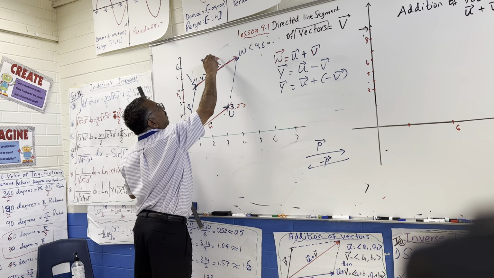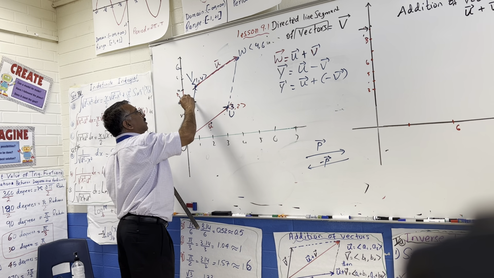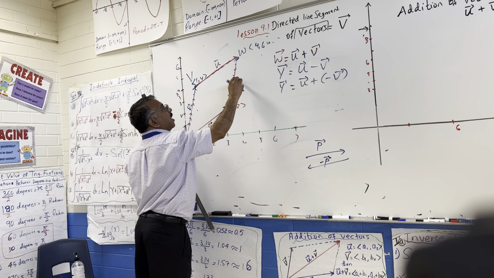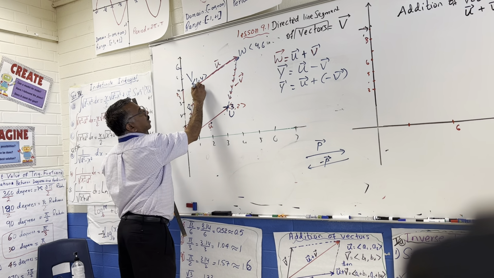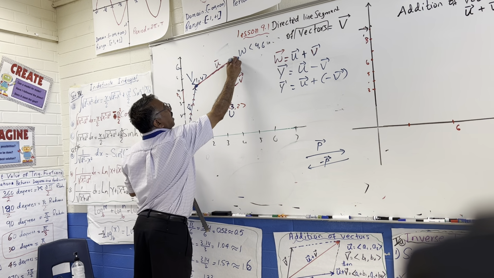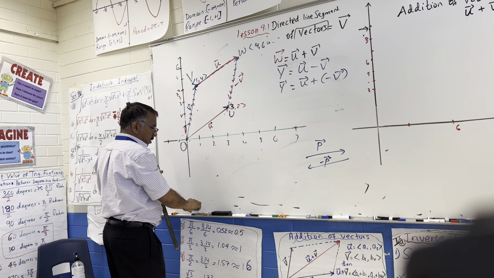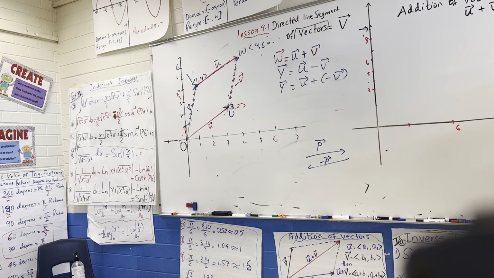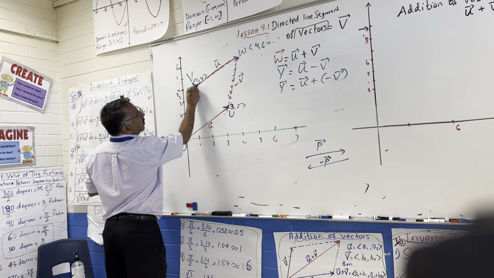This is v bar, this is v bar. But if you go this side, it is negative v bar. So if I start from this point and you go to here and then go here, your final destination will be this one.